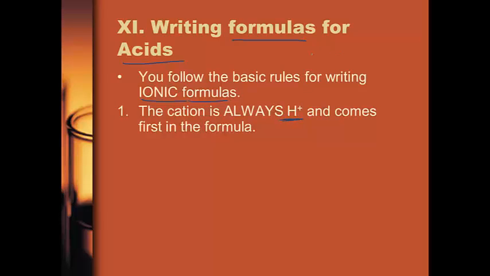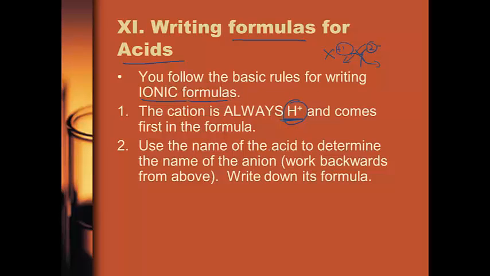So don't forget, for ionic compounds, you take your first ion, X1+, combining with your anion, let's say it's Y2-. The charges don't cancel out, crisscross. The cation is always going to be H+, even though the name doesn't tell you what the cation is. If it says acid, H+ is your cation.